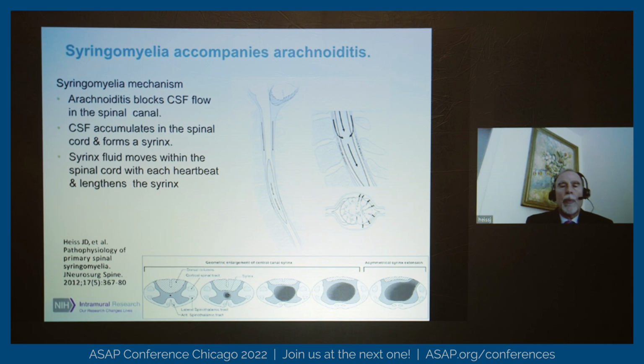And when syringomyelia accompanies arachnoiditis, the implication is that the CSF pathways are blocked. Generally, say after a severe trauma, the syrinx develops about a year or later afterwards. It's a delayed process because it takes a while for the syrinx to develop.